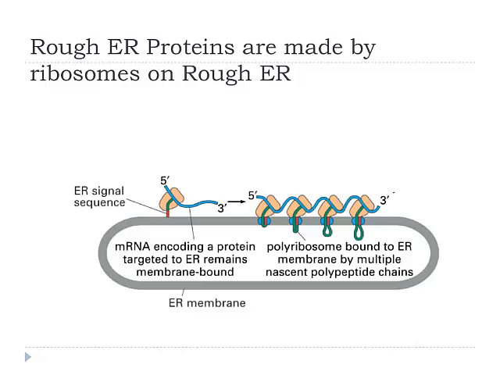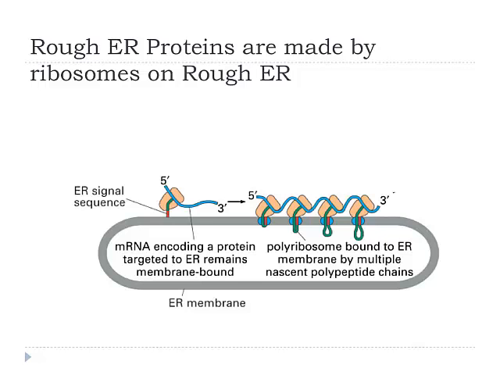So as I mentioned, shortly after the beginning of translation occurs in the cytosol, the ER signal sequence will indicate to the ribosome to attach to that rough ER. And it can happen just like in the cytosol. You can have more than one ribosome attached to a single transcript, right? And same thing can happen on the ER.